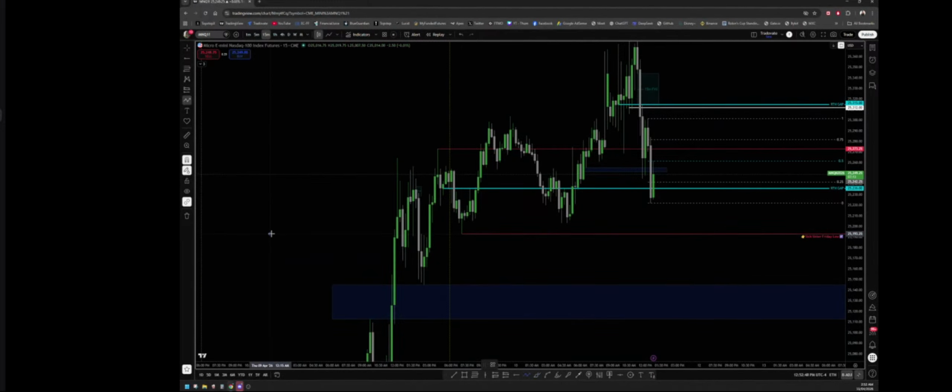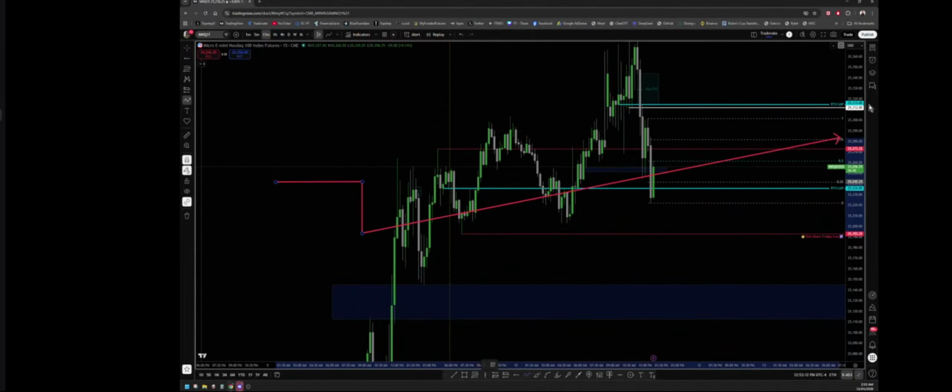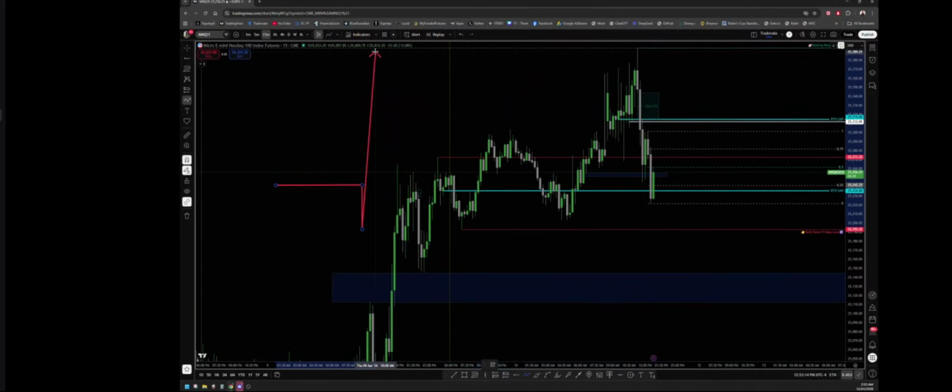This is the low. Let me start from the opening. This is the opening price of today. This is the low. High there. And then currently market is here, regardless of the size.